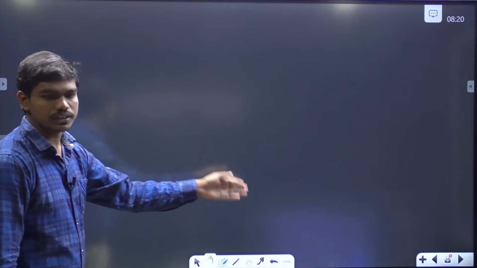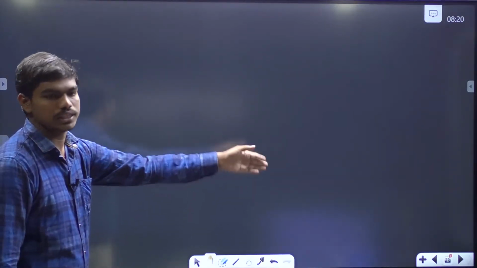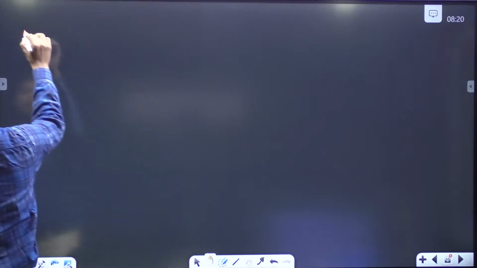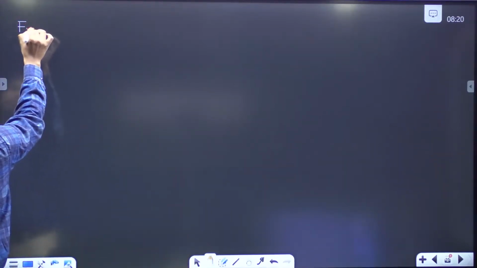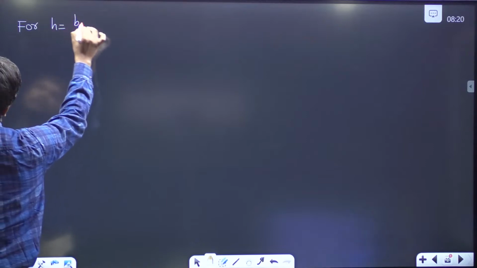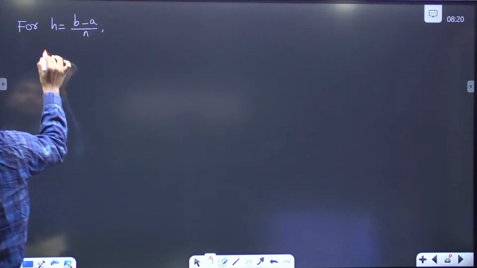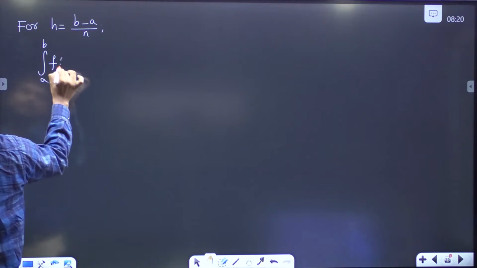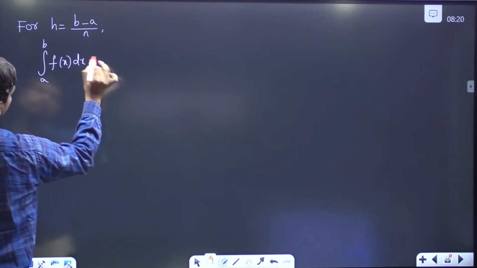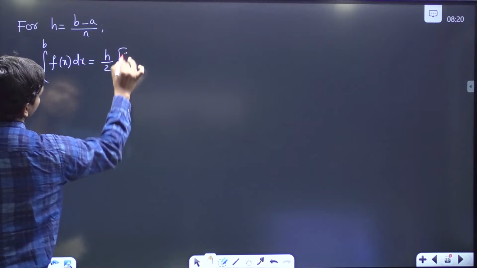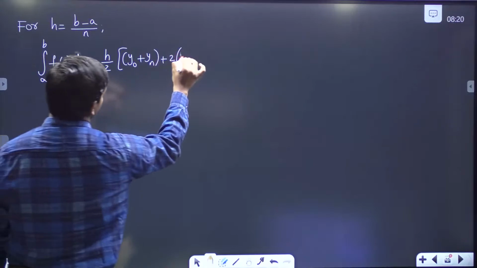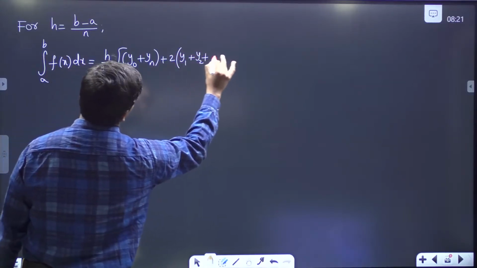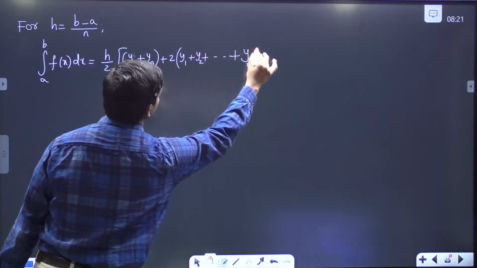We have some examples where we'll solve how to get these y0, y1, y2 values. So for h is equal to b minus a by n, we got integral a to b f of x dx is equal to h by 2 into y0 plus yn plus 2 times of y1 plus y2 and so on plus yn minus 1.